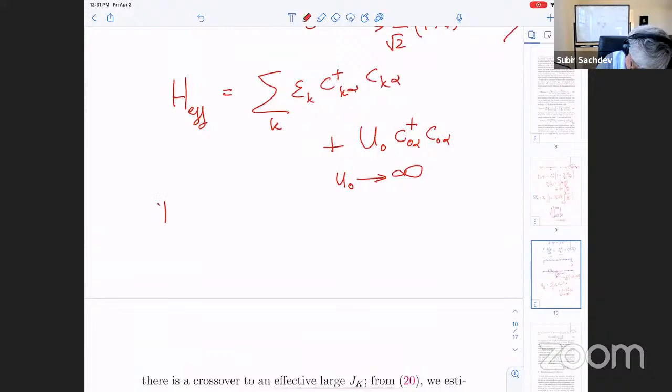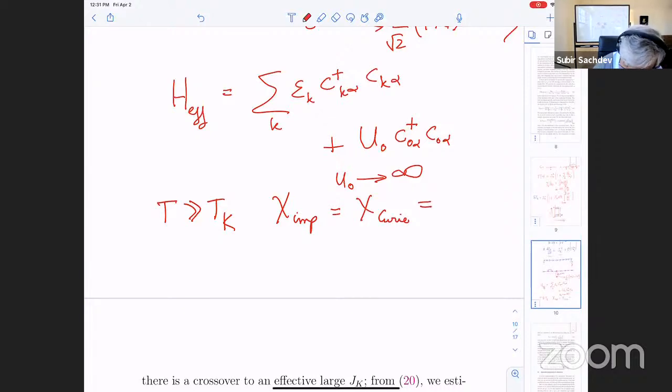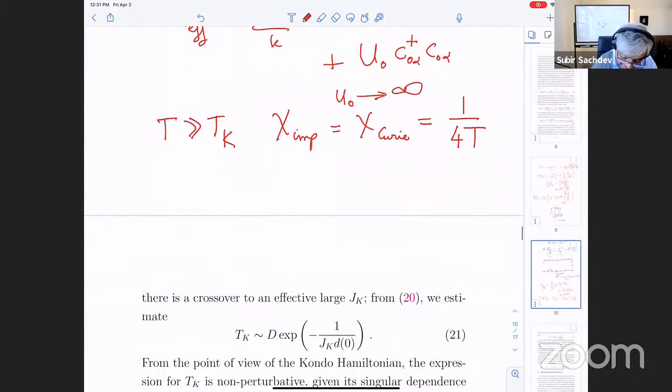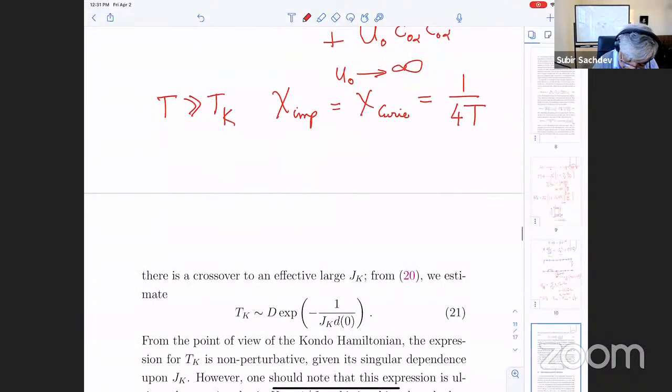So at T much greater than TK, if you measure what's called the impurity susceptibility, that's the response of the impurity to the magnetic field, this will equal the Curie susceptibility of a free spin. So that's something I imagine you remember you worked out in your undergraduate stat mech class. It's 1/4 temperature. And that appears to diverge as temperature is going to 0.